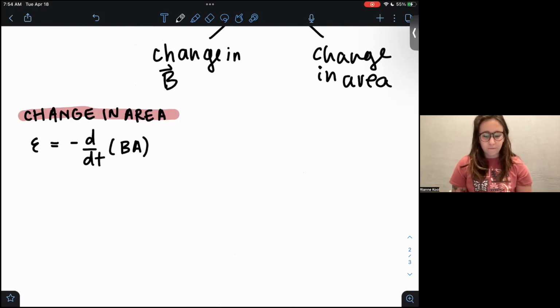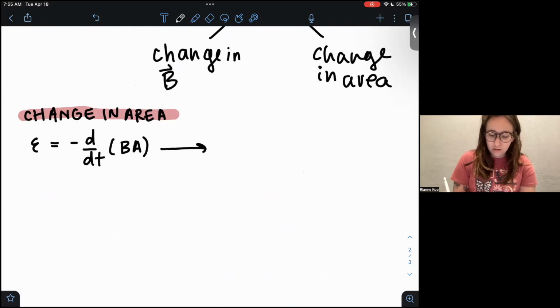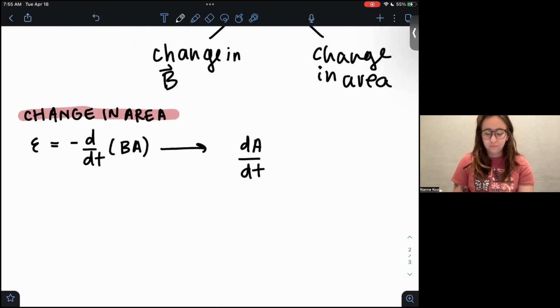So if we have a change in area, we're going to look at dA dt. If our area is changing, that's what we're looking at right now.